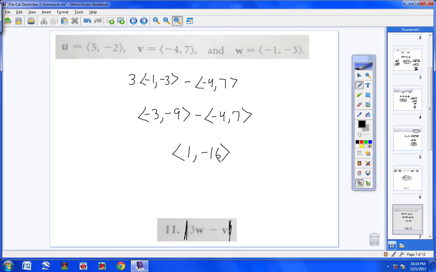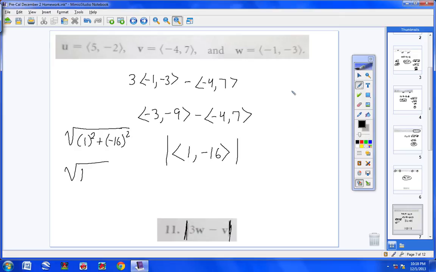Now, that's the vector, but notice there's lines around this, and that means we have to find the magnitude. So the magnitude of this vector would be, well, we square the 1 and then we square the negative 16 and we take the square root of that. Well, obviously 1 times 1 is 1, and 16 times 16 would be, what would that be?